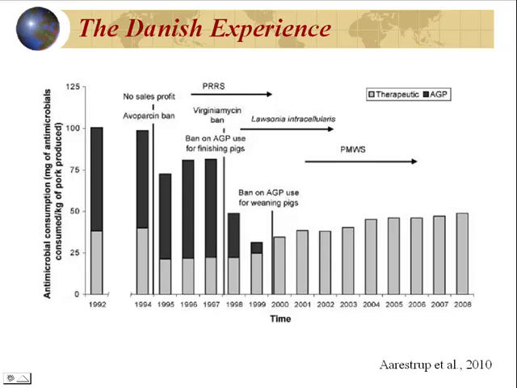Here we see when they were basically starting to ban. Here's an avoparcin ban. Here's a ban on virginiamycin. Get rid of all the black, and guess what's happening? When measured again as the consumption, milligrams of antimicrobial per kilogram of pork produced, therapeutic administrations continue to rise in Denmark. Why? Because they are dealing with illnesses that were under control before the ban.